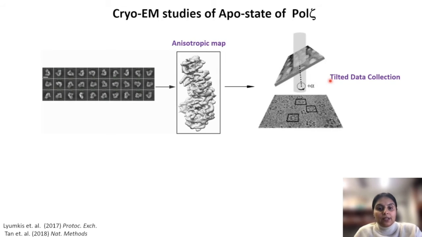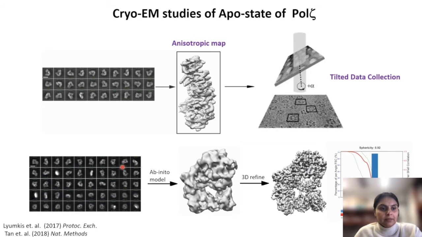Tilting basically increases your ice thickness as well as the motion, and then the processing and the collection both are quite tedious. And ultimately we were able to resolve the problem by getting the different views that we wanted for a successful reconstruction.